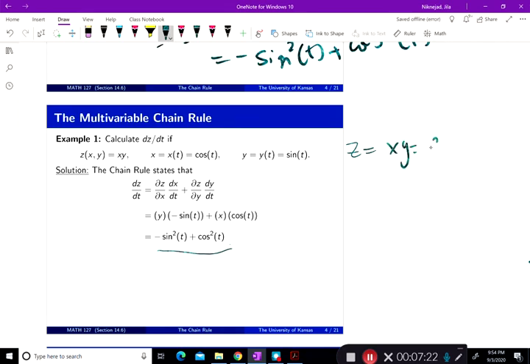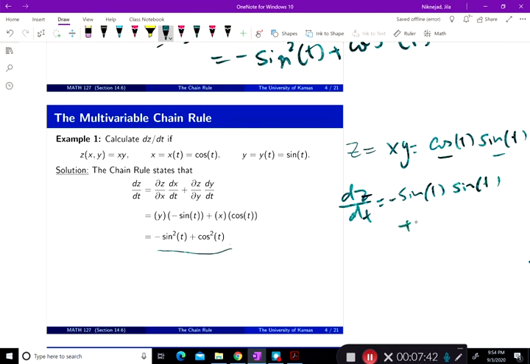We replace x by cosine of t and y by sine of t. Then the derivative, one way, is going to be a product rule: derivative of the first times the second, plus derivative of the second times the first. And again, you end up with the same value that you got the first time.